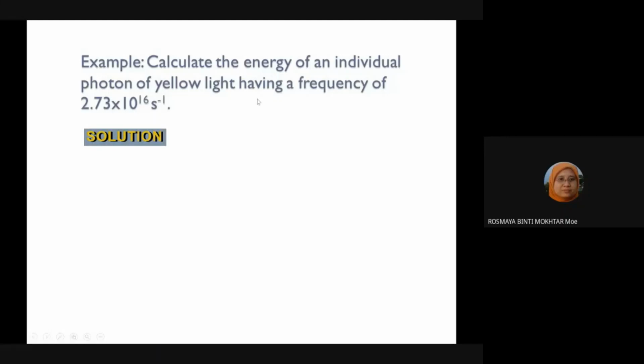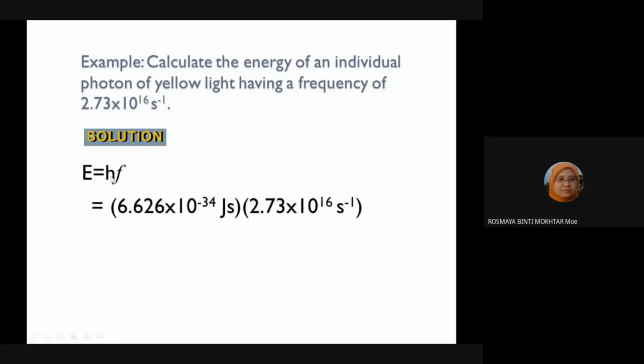Now you are given frequency, so you straight away use E equals hf, not hc per lambda. Substitute the Planck constant 6.626 or 6.63 times 10 to the power of negative 34 joule second, and the frequency 2.73 times 10 to the power of 16 per second. You get 1.81 times 10 to the power of negative 17 joule. This is the energy of the individual photon of yellow light.